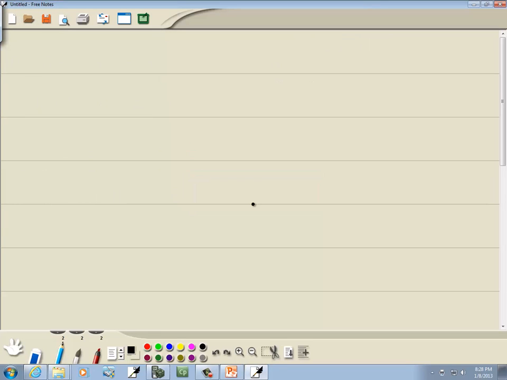Now the assumption is that it's one-to-one. So finding the inverse of a function. I'll put that up here at the top. The function must be one-to-one.